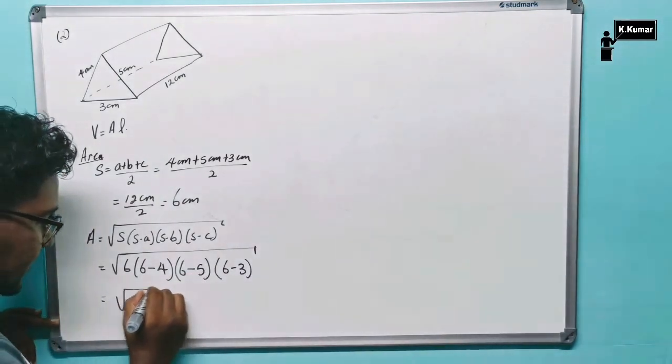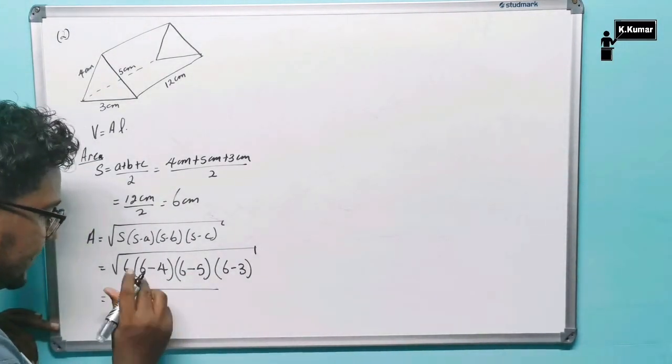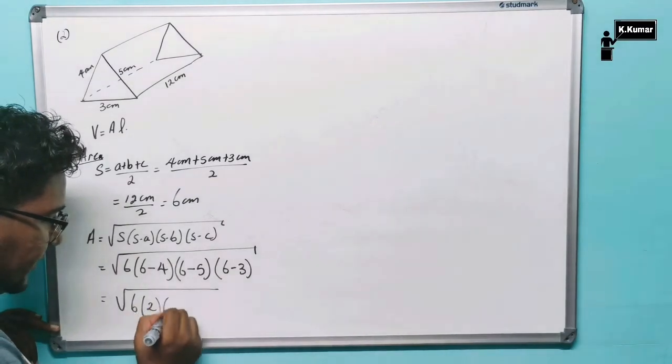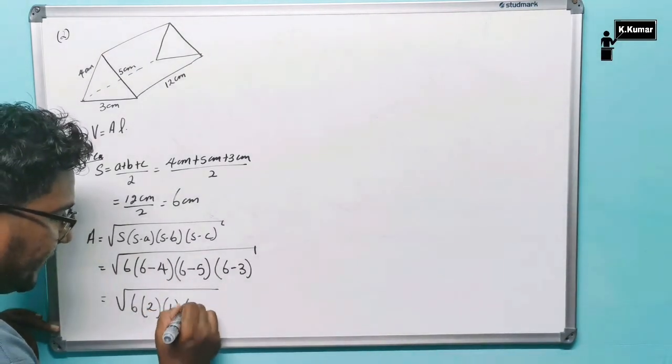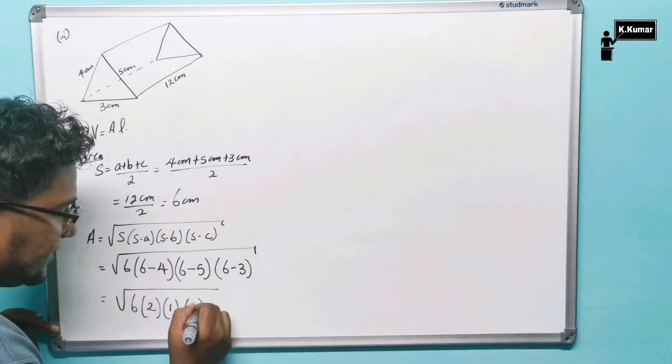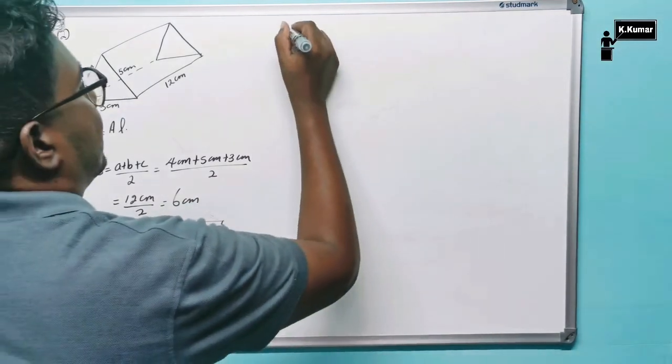This is going to be the square root of 6 into 6 minus 4 is 2, 6 minus 5 is 1, and 6 minus 3 is 3.